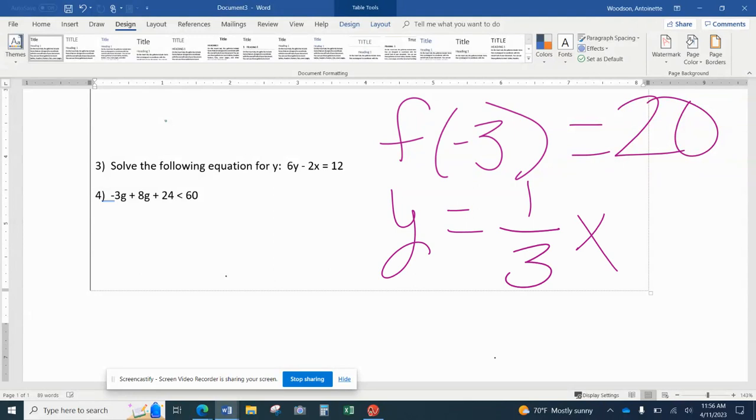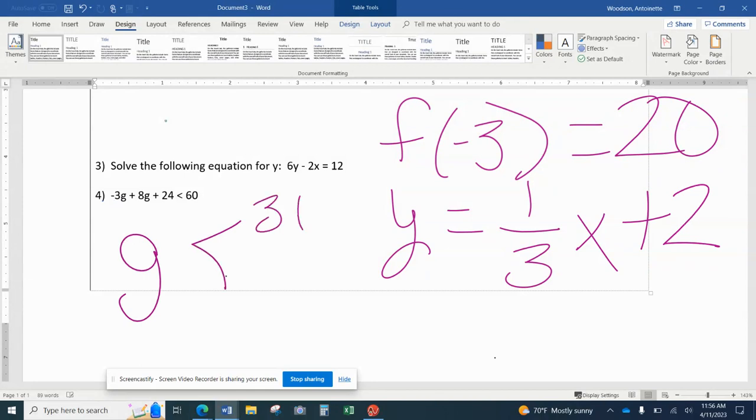Y equals 1/3 x plus 2. And then for 4, we have g is less than 36 over 5, or you could write g is less than 7.2.